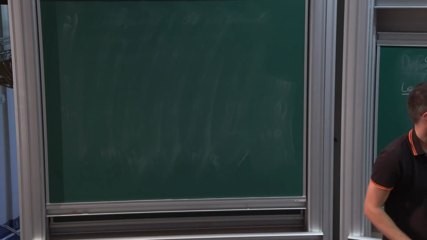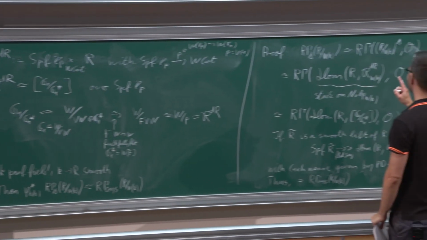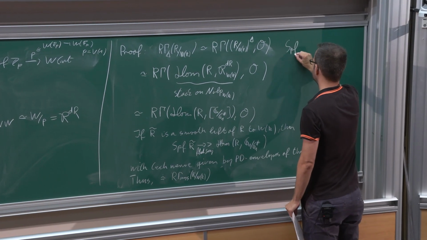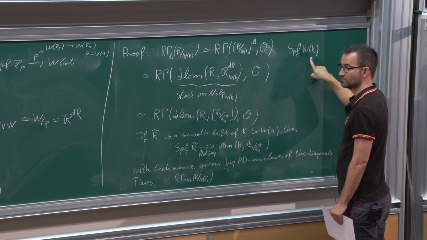What's happening from the first line to the second one? Can you replace this with the Hom? Yeah. That's the definition. Up there was no derived, right? It was just R. Yes, but the following. How did we define the relative prismatization?